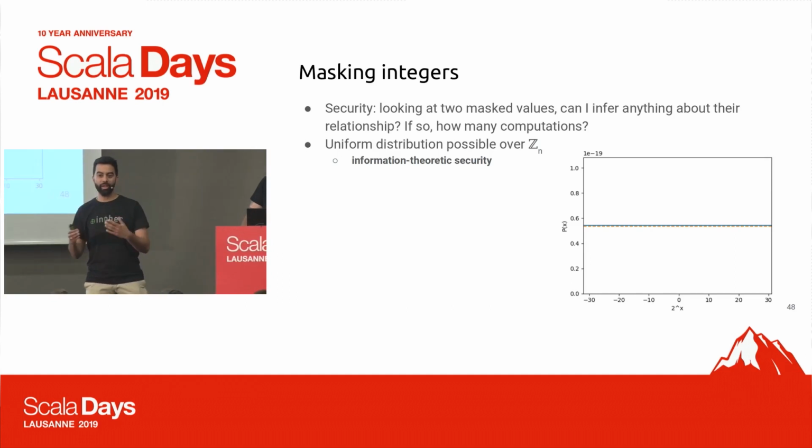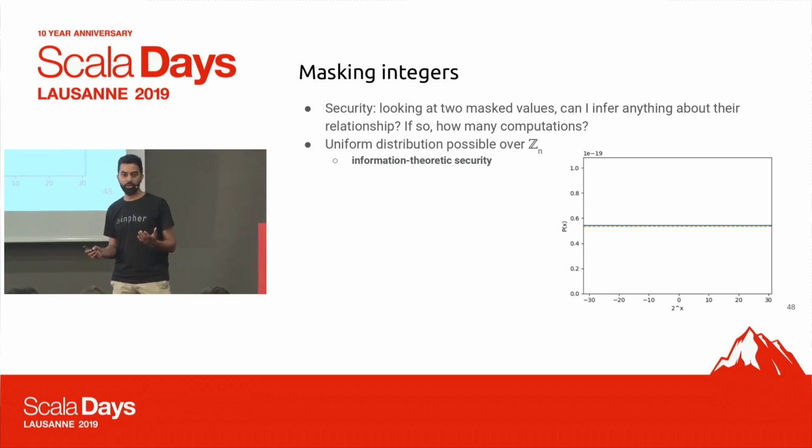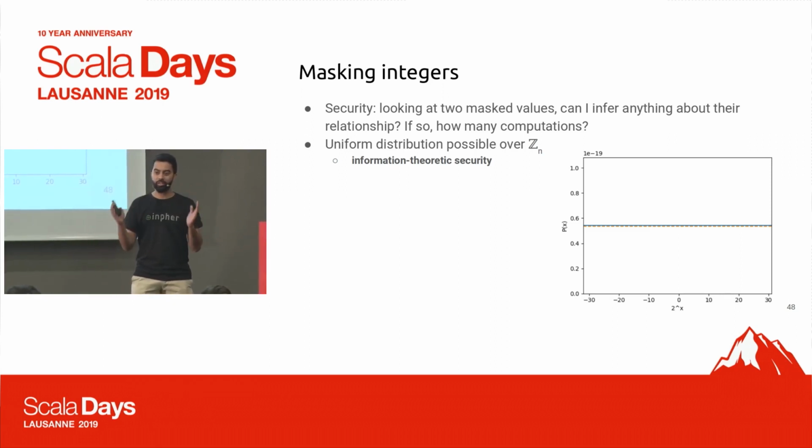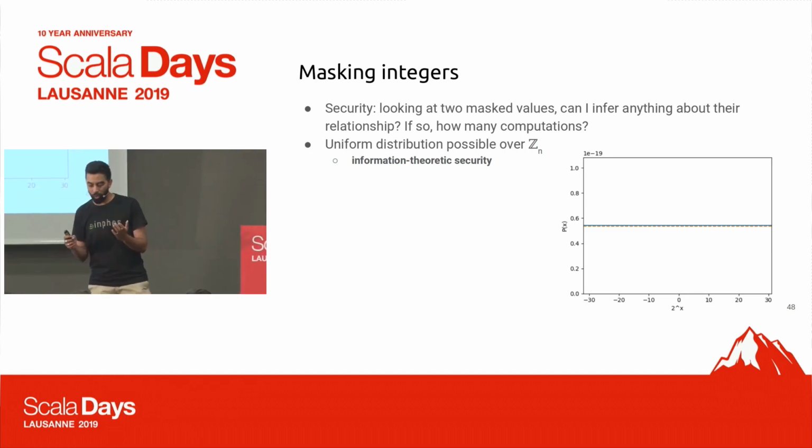So how do we mask integers? Well, it's a relatively easy thing to do. Let's look at a 64-bit integer. We have a fixed size and a fixed range, which means that I can pick any integer uniformly at random and add it to my plaintext. How do I know that this is secure enough?